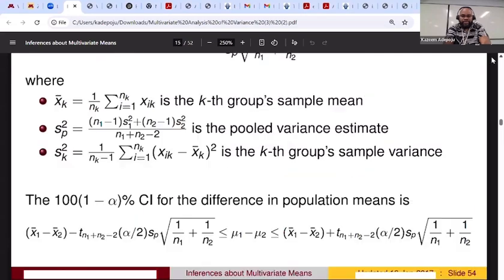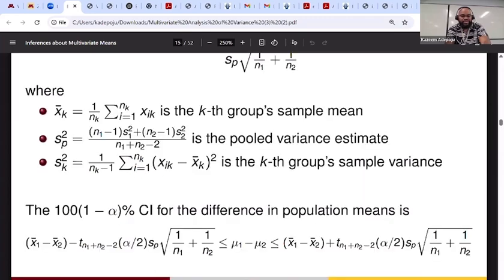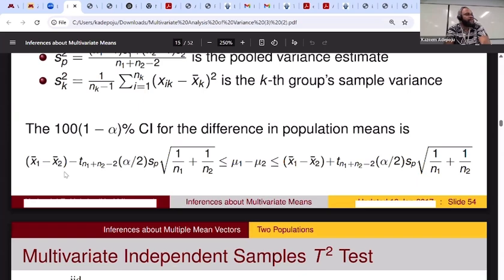And I told you, statistical inference comes in two versions. Statistical inference is about, number one, testing hypotheses. As you can see here, I'm testing a hypothesis, and of course, I'm going to have a test statistic for doing that. And it also has to do with constructing a confidence interval.